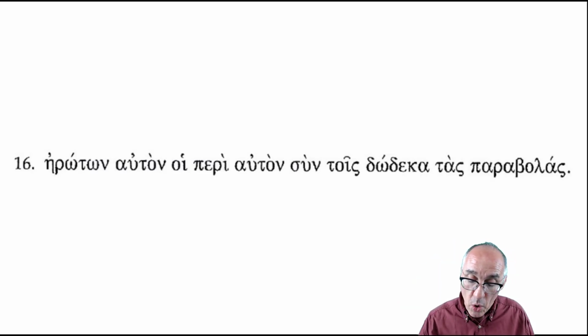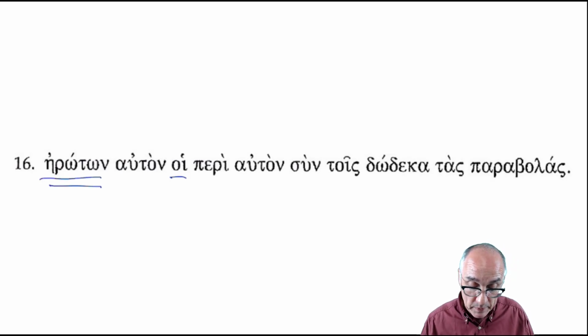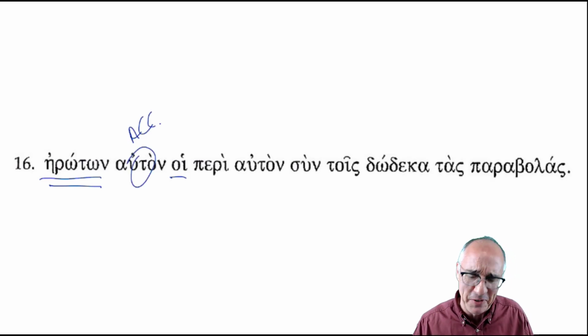Eroton auton, hoi periauton, sun tois dodeca, tas parabolas. Well, hoi is your subject, and we'll start right out with the verb. Those, nope, not going to address it. Let's get the accusative in here. I didn't follow my own advice.